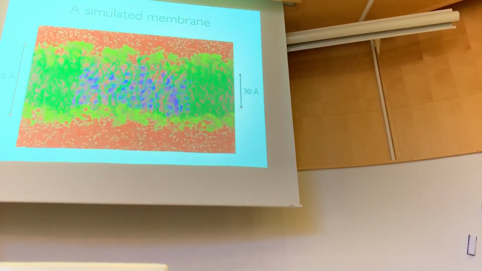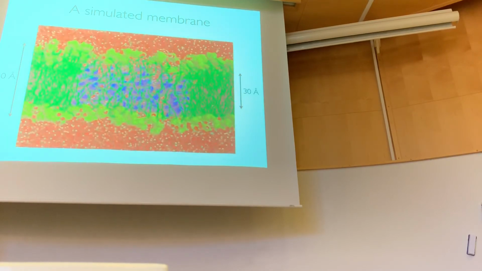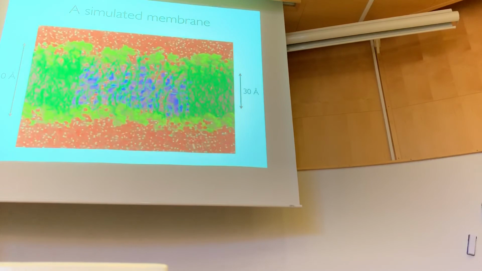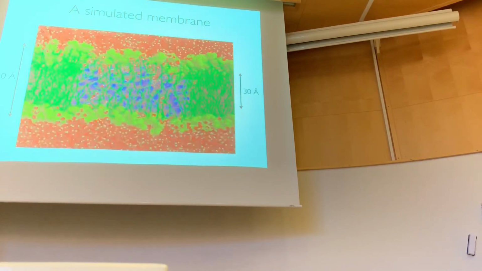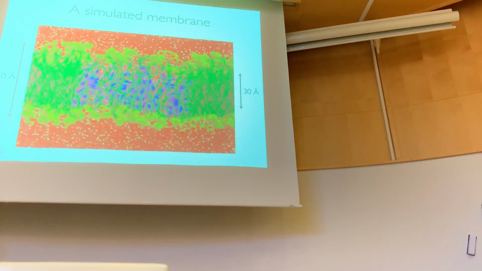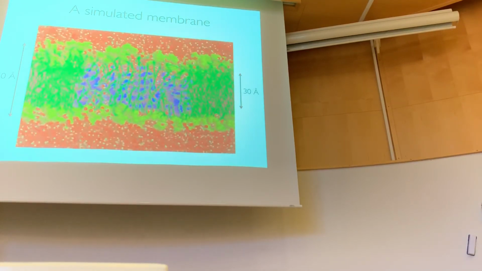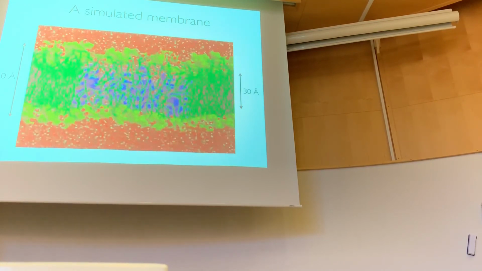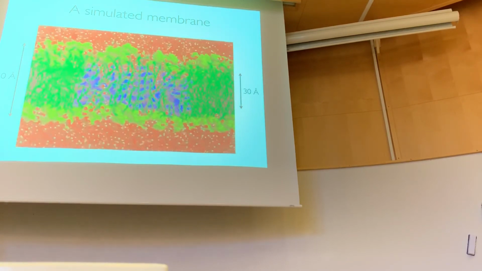So even though the penetration through the lipid bilayer is very small, and you see in this simulation that the water molecules don't make it into the lipid bilayer, if you have a very large bilayer surface and a very high concentration of water molecules, eventually some of them are going to get across. In this particular simulation, the protein, this blue thing, that has been put into the lipid bilayer is actually a water channel protein.